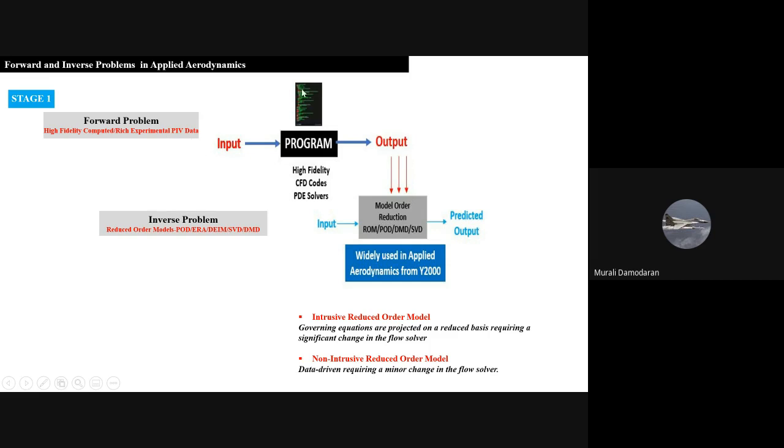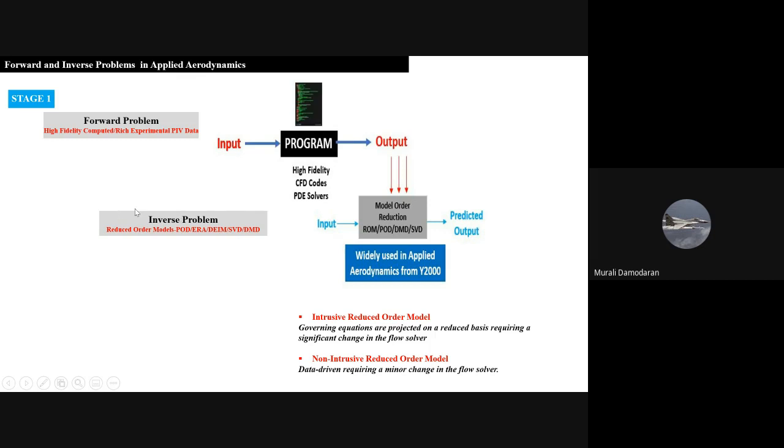The computing is basically I have a program, with codes, methods and all that to solve CFD equations. Then I give input data, the geometry, CAD files, and boundary conditions, and after some time, you get some solutions. So this is a high fidelity output.